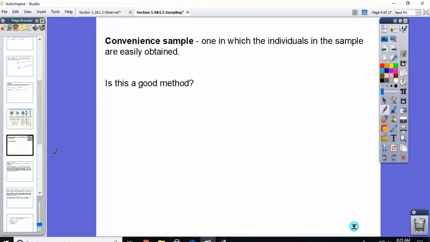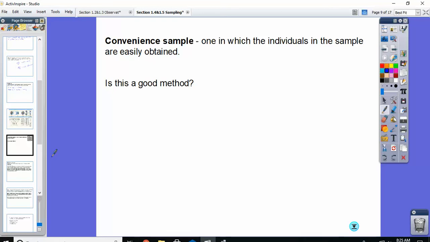Two more types that we need to mention. We have a convenience sample. Convenience sample is just where they're easy to obtain. Okay, so it might be, I want to survey how many of our seniors are going to college. And so I just ask my calculus class how many of them are going to go to college.